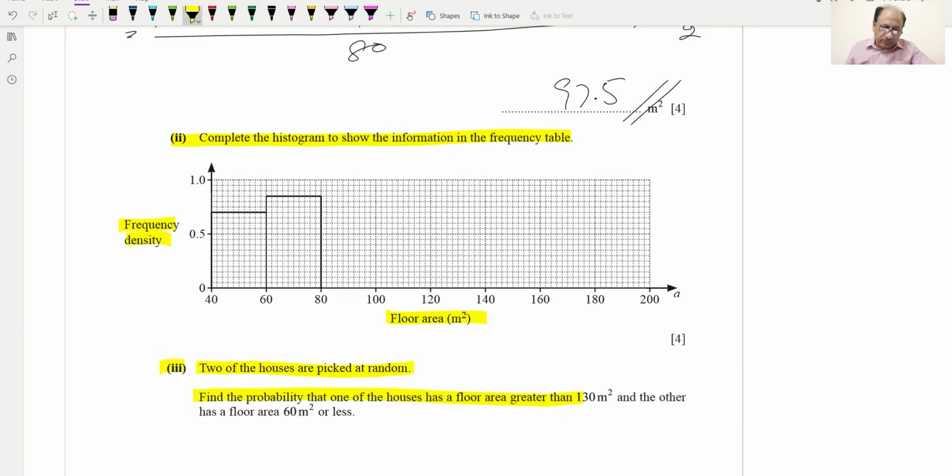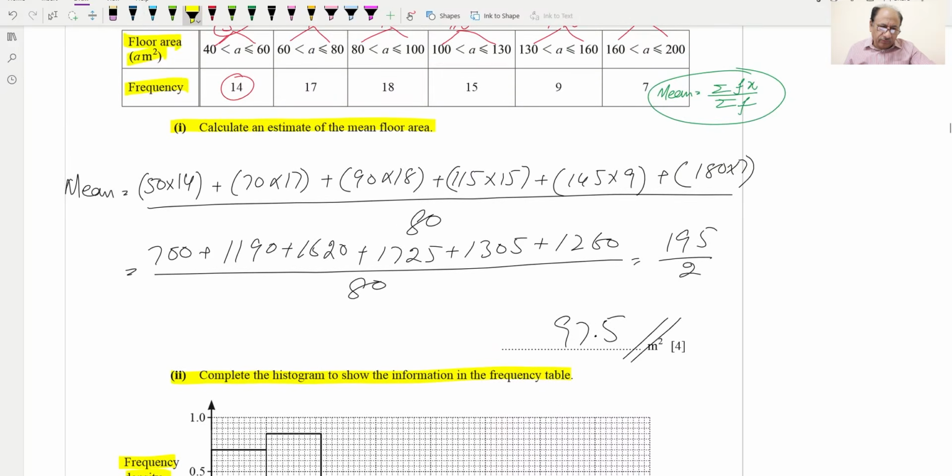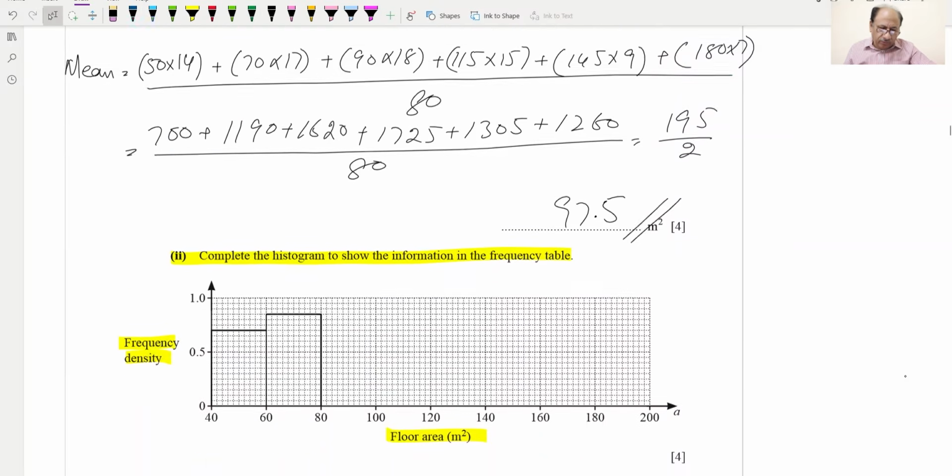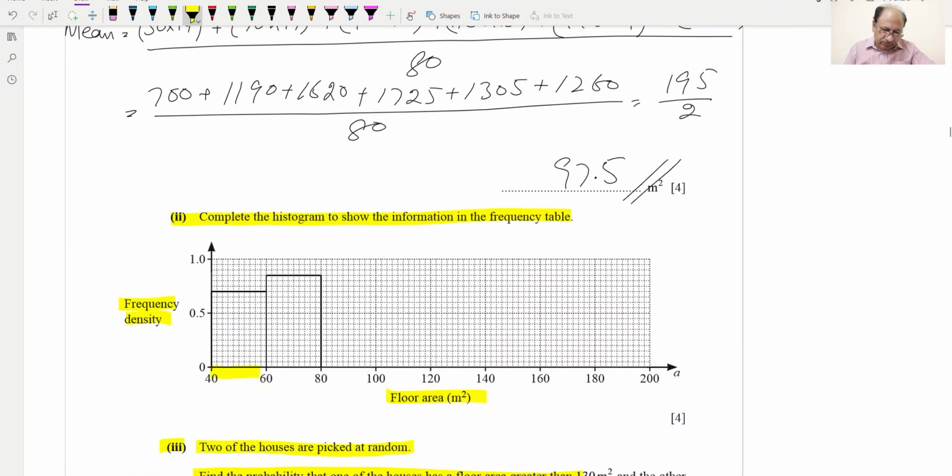So for the first one, 40 to 60 is 14. So 40 to 60 will be this one, and they're saying this is 14. This range is 20, and 20 multiplied by the height, which is 0.7, will be equal to 14.